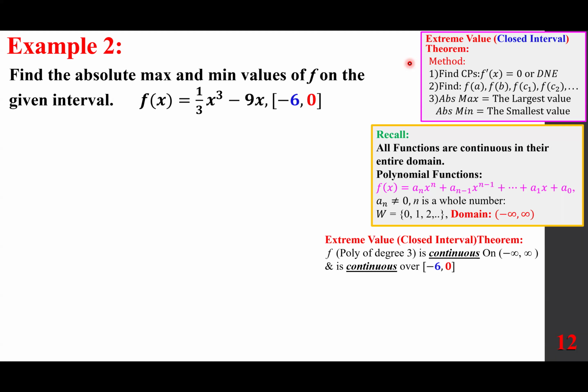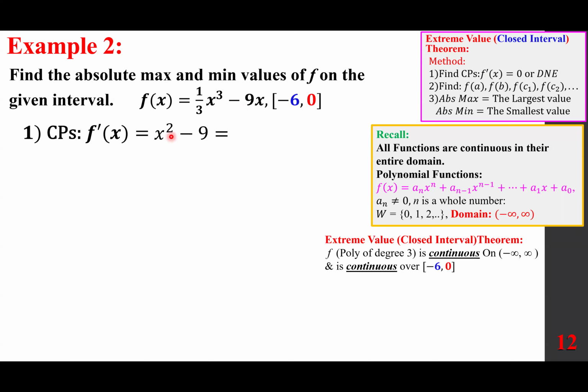So you want to find critical points. How do you find them? First, find f prime of x. So what is f prime of x? 1/3 times 3 is 1, x squared minus 9. So x squared minus 9. What is the next step?